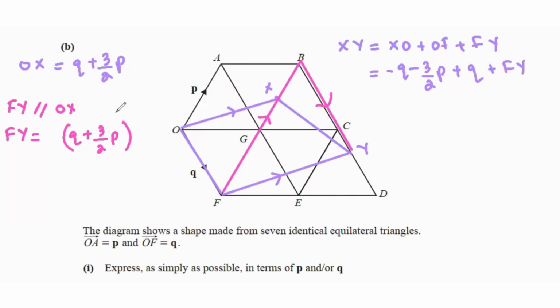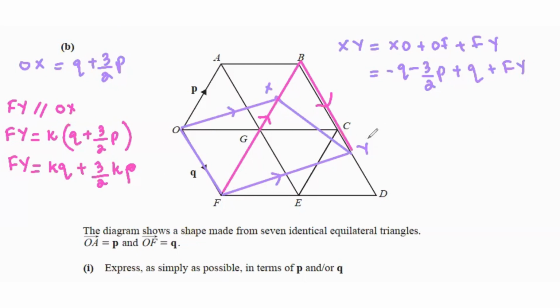They have the same vector direction, but one is multiplied by a specific number. So let's assume that number is K. So FY right now equals K times Q plus 3 over 2P. We're assuming this is the vector for FY right now.